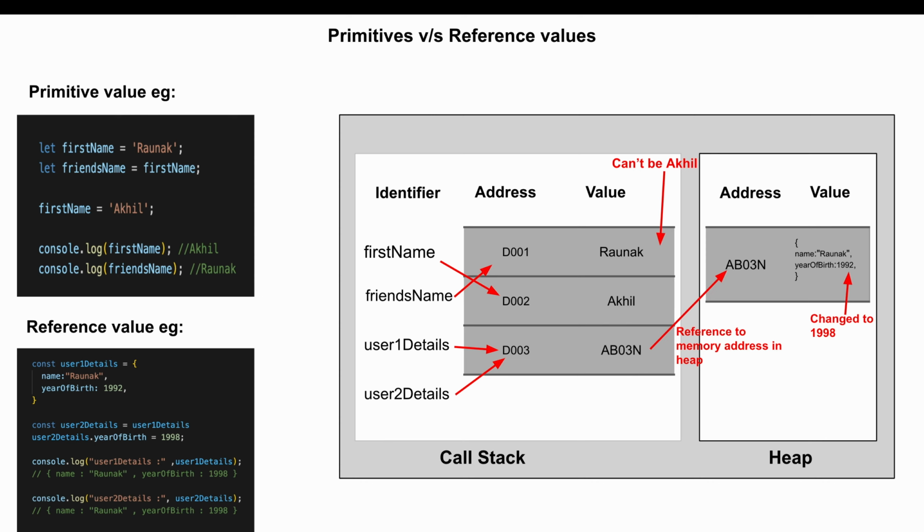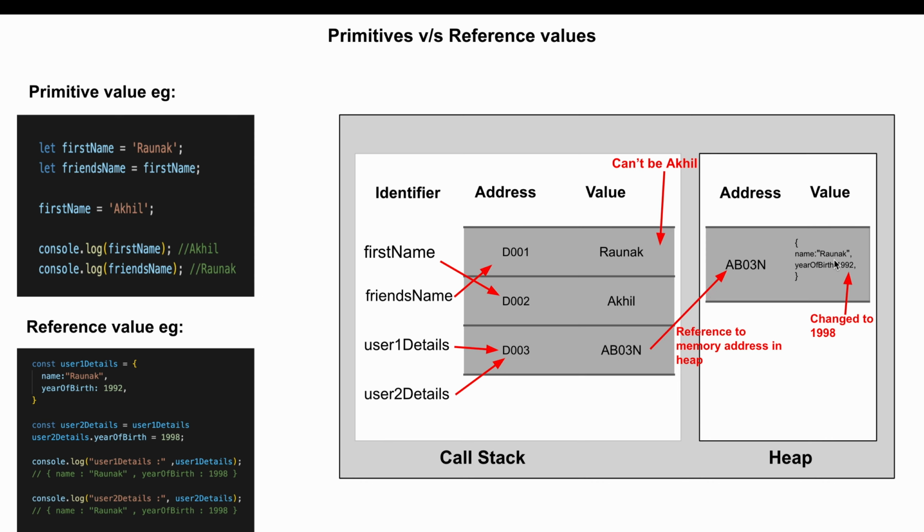I hope you guys are getting my point, right? So here we haven't changed the value this address holds. We have changed the value which is stored in the heap, which is stored as a reference for this address in the call stack.